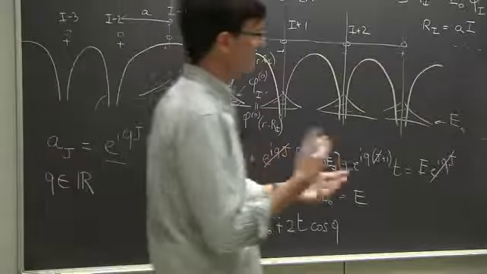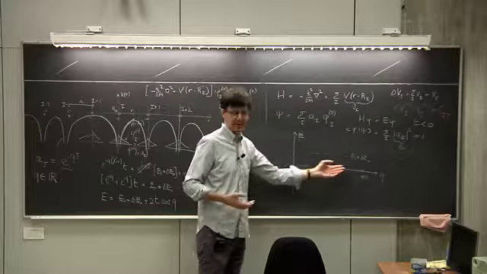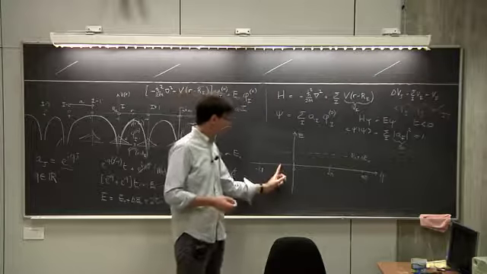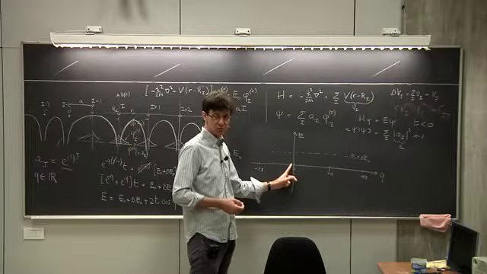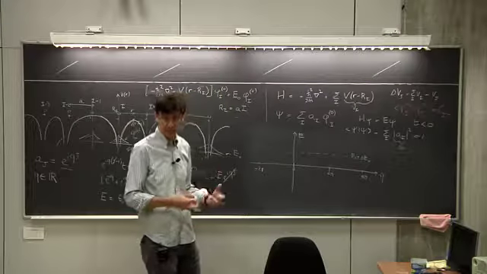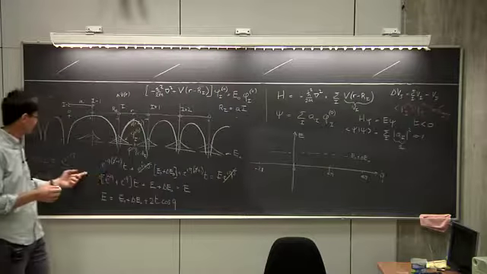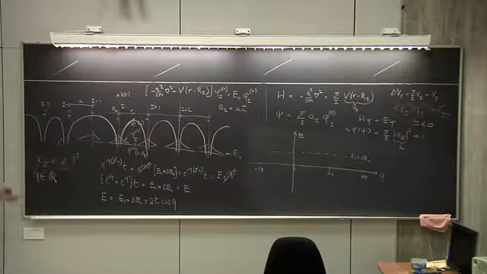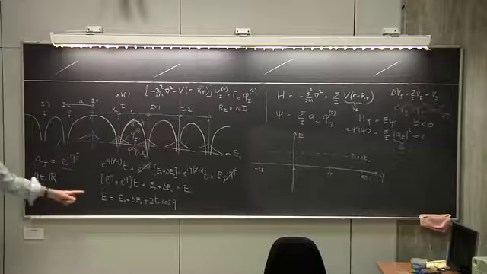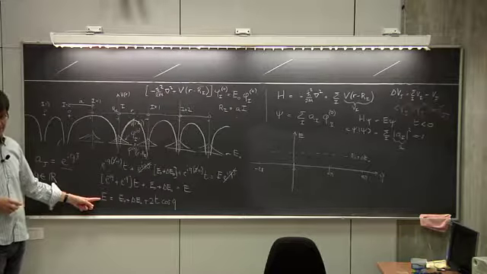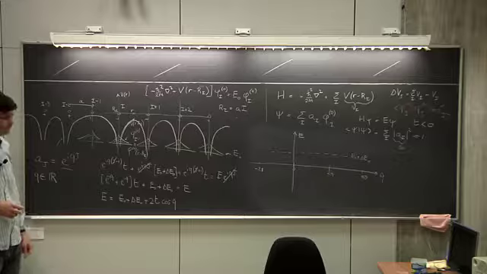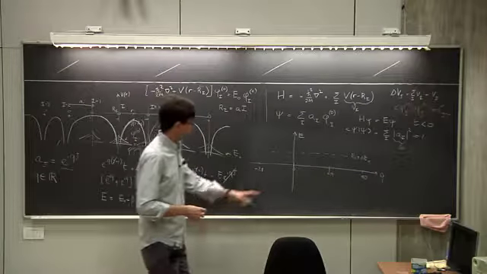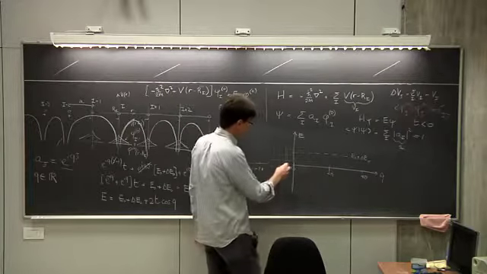Here, instead of plus and minus, we have a continuous index that defines solution. This is a solution, this is a solution, this is a solution. All different Qs are different solutions. That is, are different infinite series of numbers with this particular eigenvalue. Okay? Good. So, we are now here.